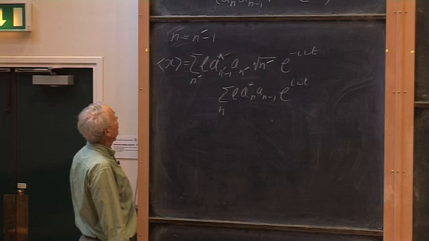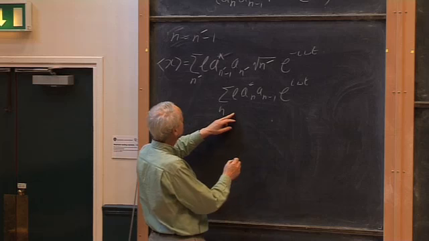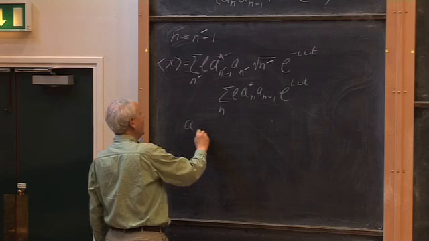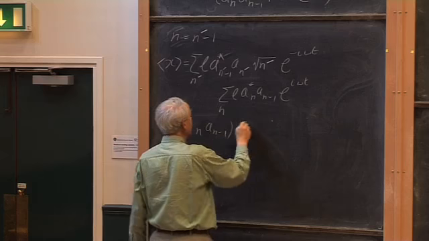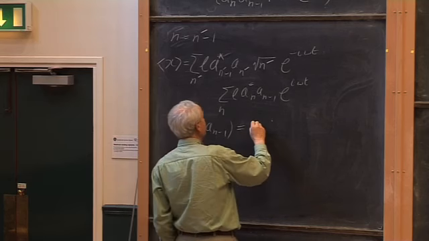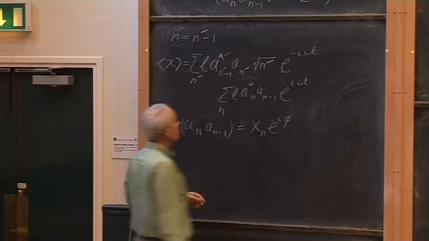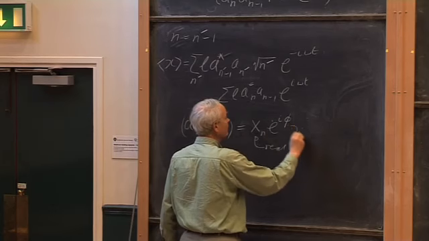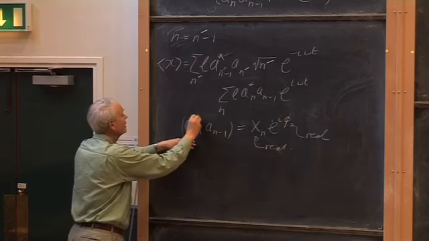So what if we write a_(n minus 1) star is equal to, say, x_n e to the i phi, which we can do where this is real, and this, of course, is real too. So I'm writing a complex number. Sorry, that needs a star on it.